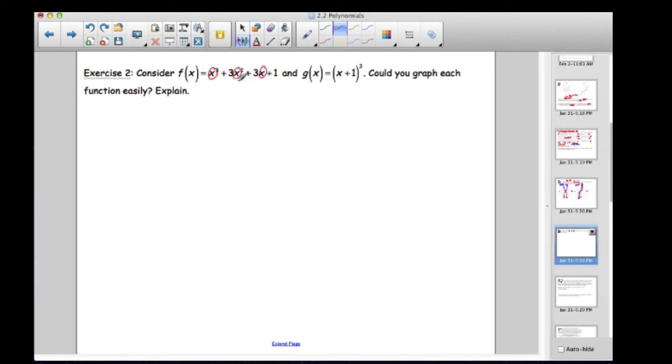We can't just state a sequence of operations that have been performed on x. Meanwhile, over here, we only have to take our basic x cubed graph and horizontally translate left 1 space, or a horizontal translation of -1. So we could graph this one very easily. It is very easy to graph.